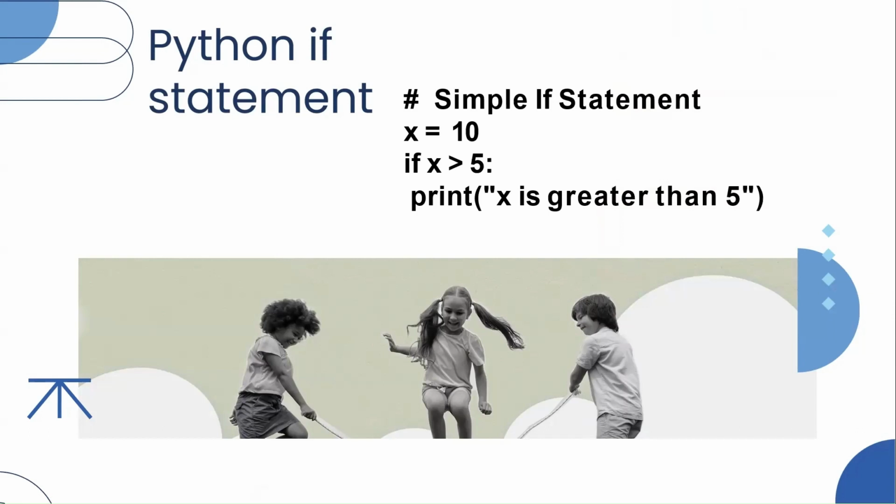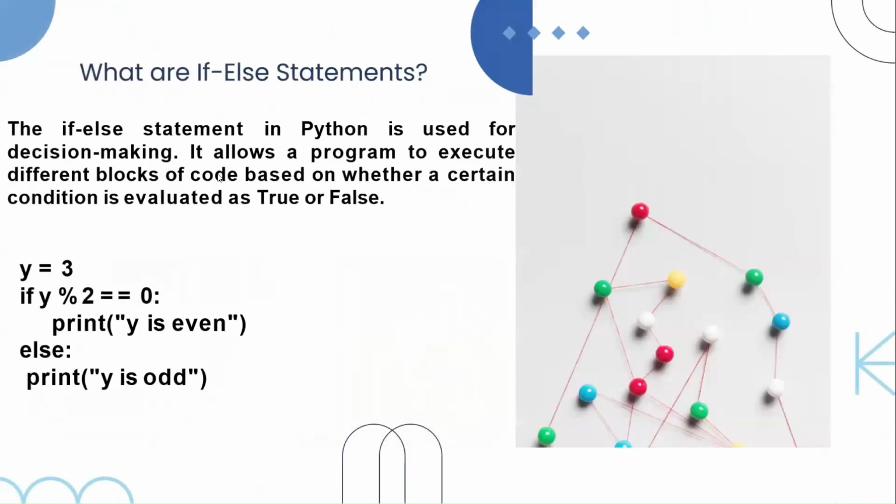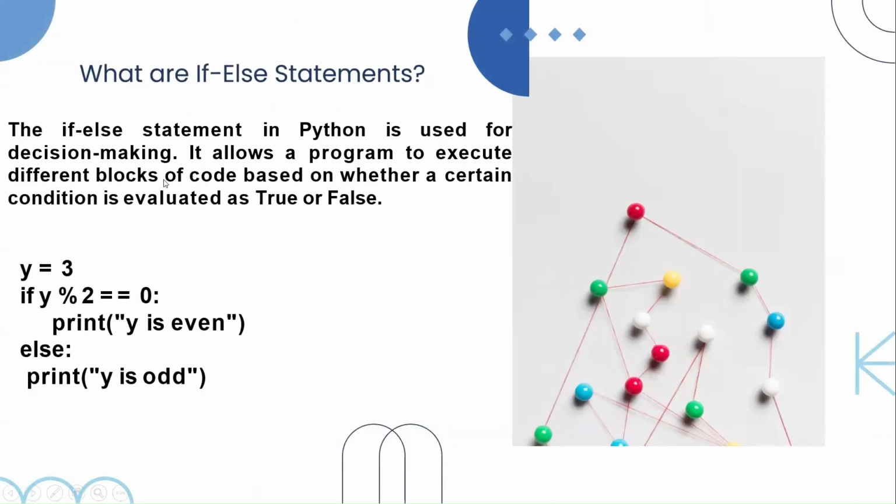Then we'll check how if-else statements work in Python. What are if-else statements? The if-else statement in Python is used for decision making. It allows a program to execute different blocks of code based on whether a certain condition evaluates as true or false. So in this code, y is equal to 3.